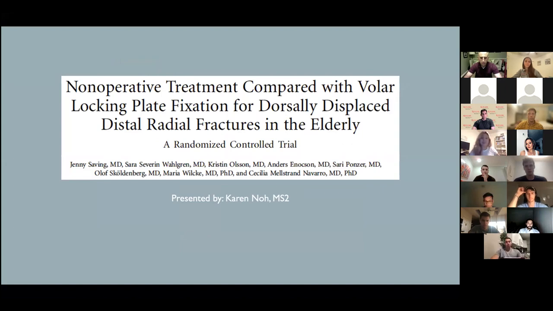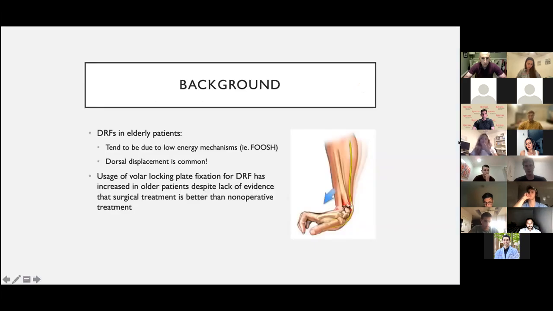Hi, I'm Karen. I'm a second year medical student. I'll be presenting non-operative treatment compared with volar locking plate fixation for dorsally displaced distal radius fracture in the elderly by Saving. Some of the other presentations had really good background, so I'm not going to go into too much detail, but what's unique about this study, I thought, was that it was done specifically for elderly patients.